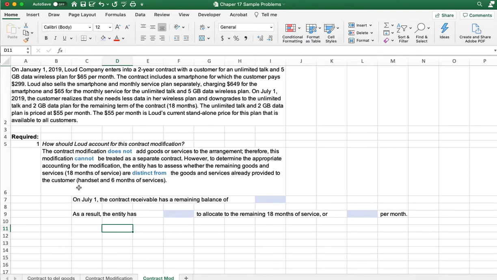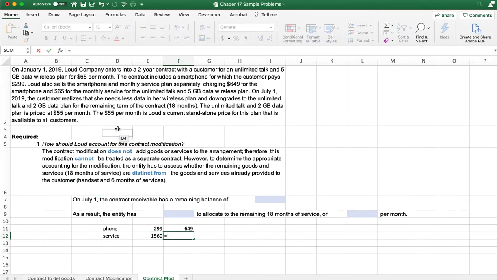And so to do that, we're going to look at the phone as well as the service. And the phone looks like the price was $299, but it had a standalone charge of $649. With the service, it's $65 per month, so 65 times 24. And that was the standalone as well.